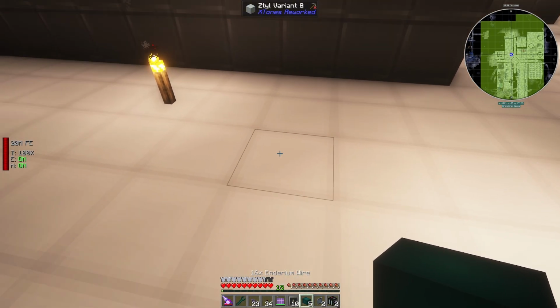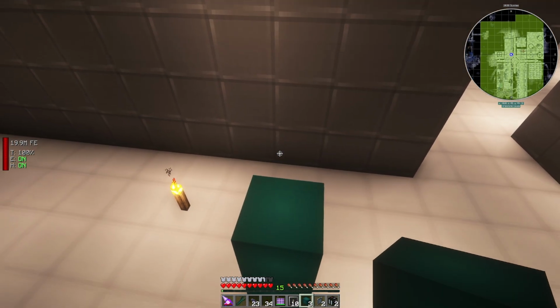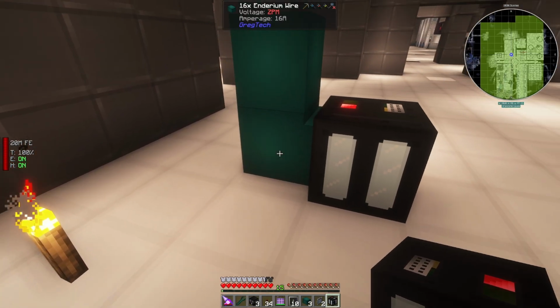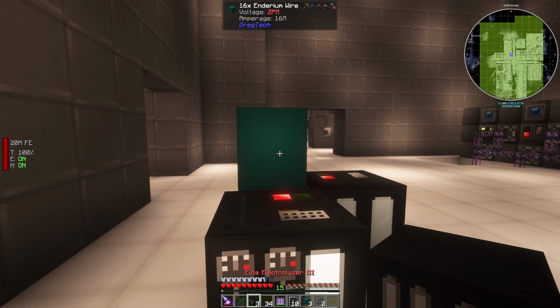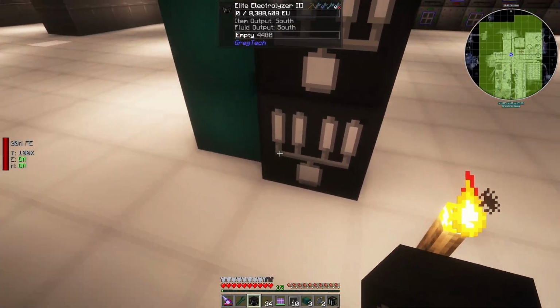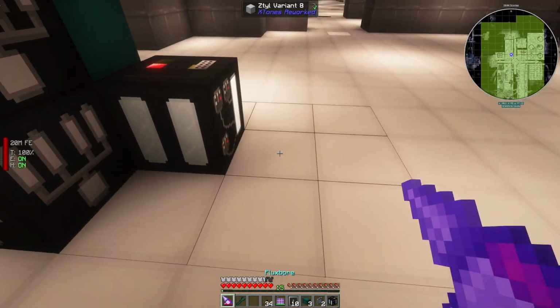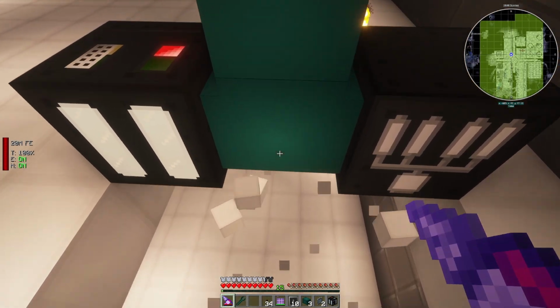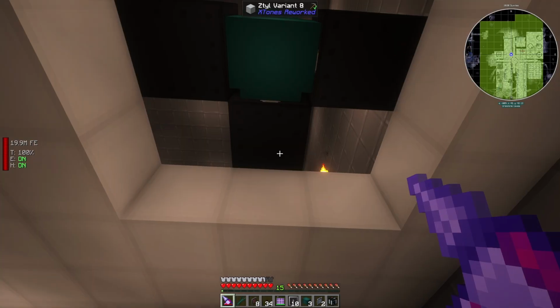All right, so probably just going to do it like this. So boop. And then I'll probably just do this as well. Wait, what? No. Wait, what? Okay, that wasn't an electrolyzer. That was another distiller. Okay. So let's get down here.